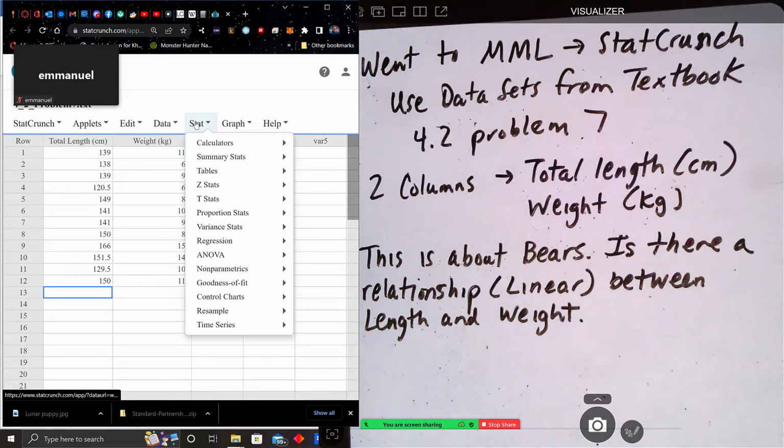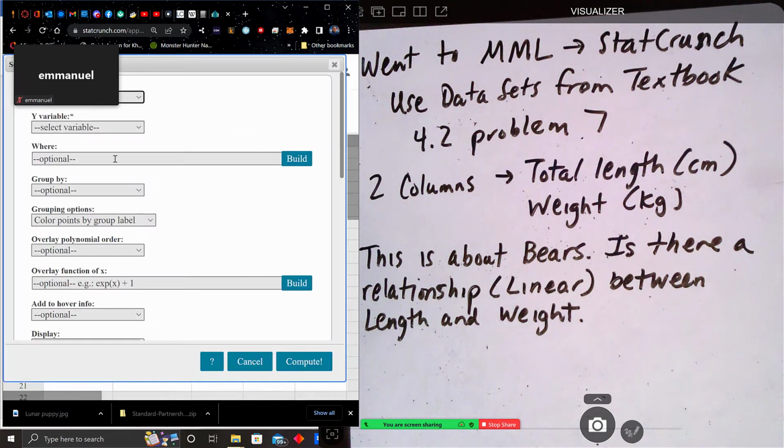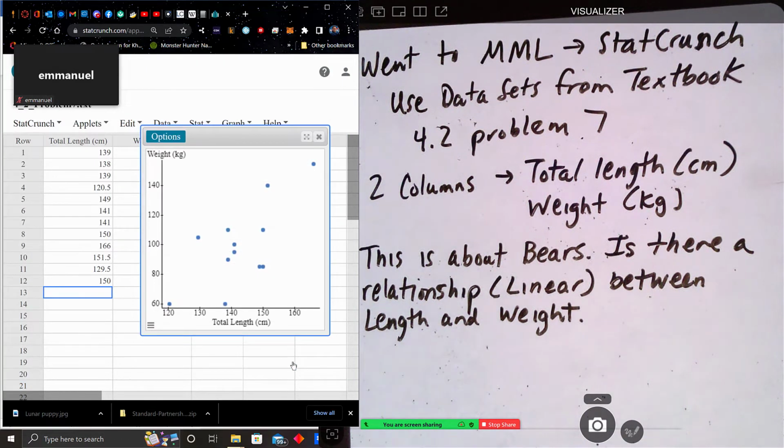So while you're writing that, we'll look at the scatter plot. The dots are kind of all over the place, aren't they?